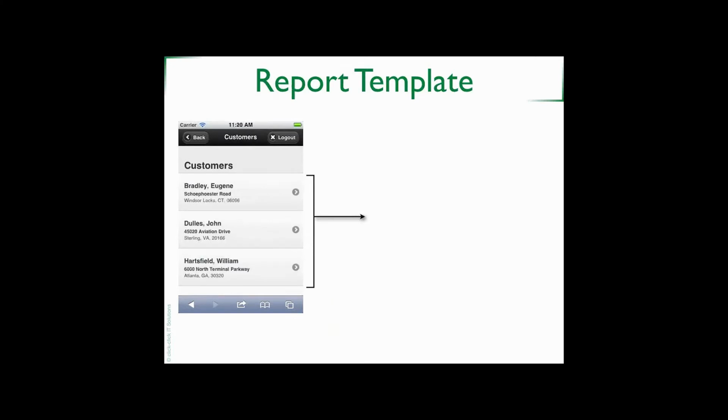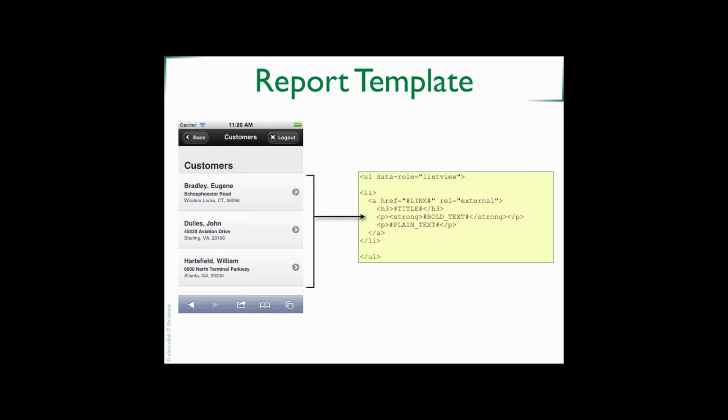Reports on mobile devices are a little bit more complicated because there is such a small screen. You cannot do a standard report with columns next to each other. In this case, I used an HTML list which I put into a named-rows report template. So the template basically looks like this.